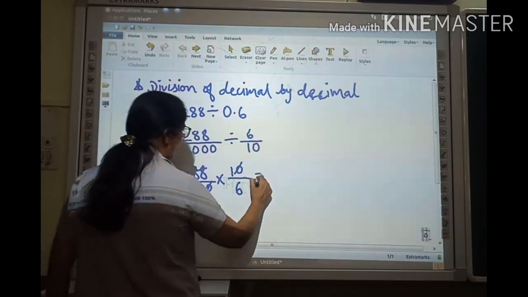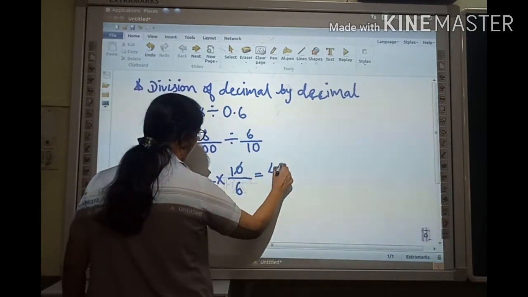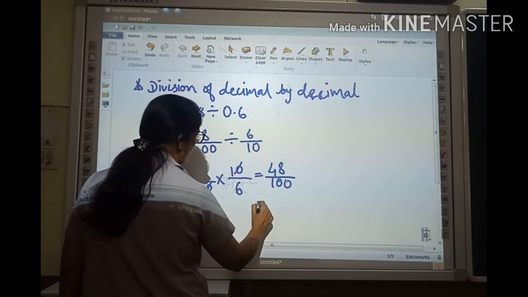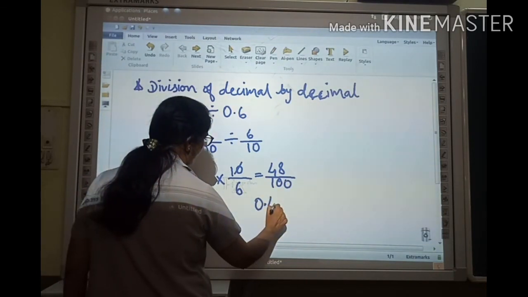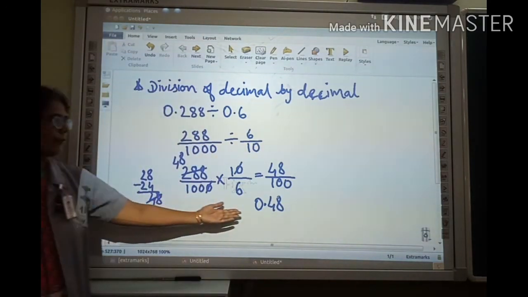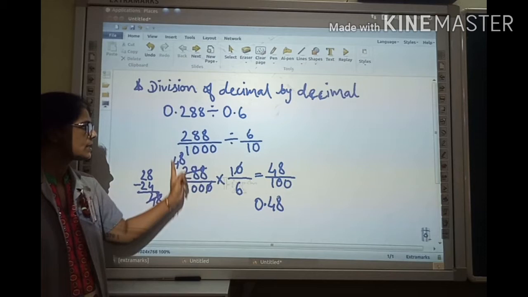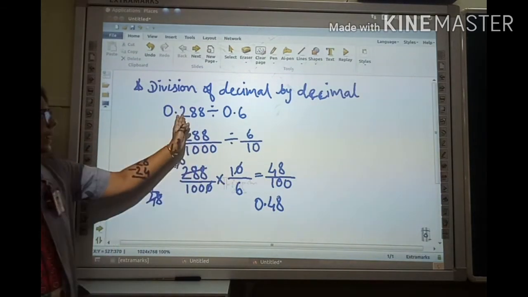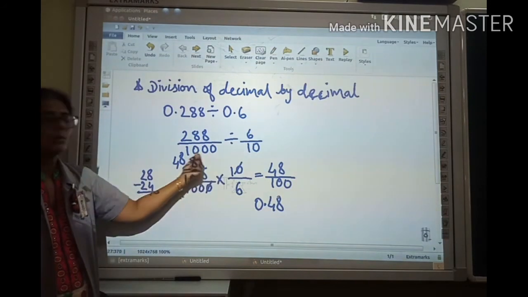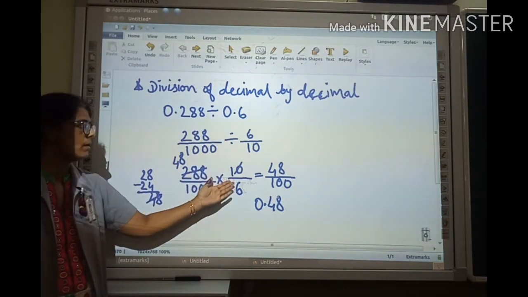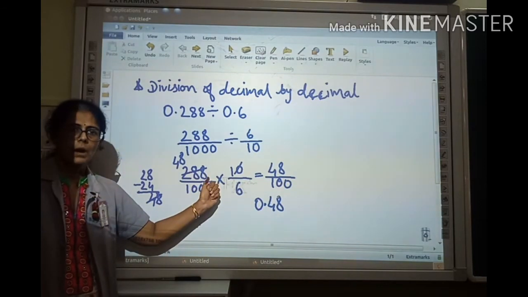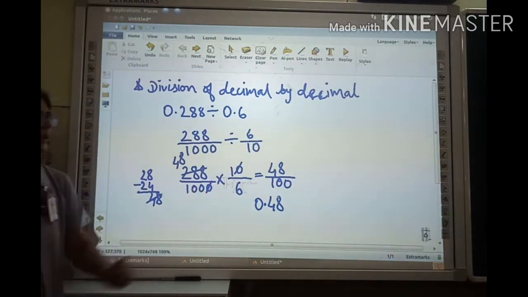Now what is the remaining number? 48 upon 100, right? So what will be our answer? 0.48. Understand, children? So this is the short method: converting the decimal number into a fraction, and then dividing by applying the multiplicative inverse property. Understand? Okay.